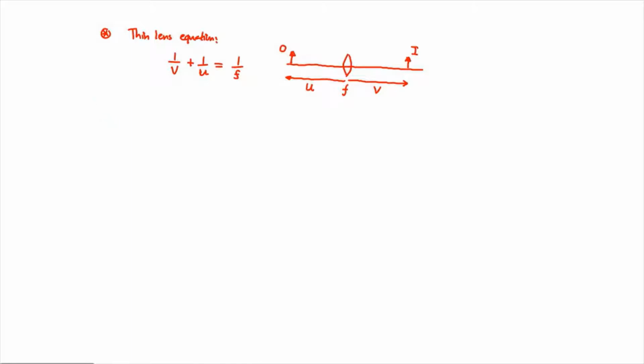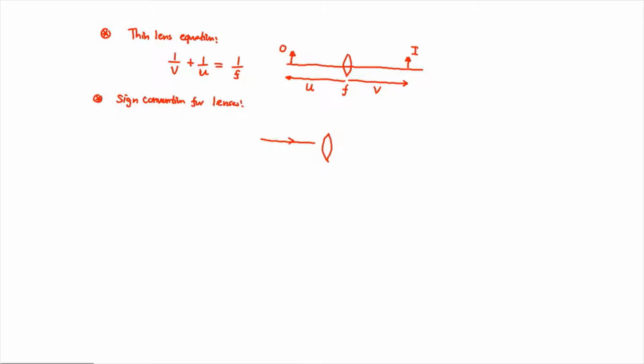Now the sign convention is also something important when we solve this problem. Sign convention for lenses, because we also talk about mirrors, but here we are looking at lenses. Again we can represent the lens as a convex lens, a converging lens. Let's say that the light comes from left to right.